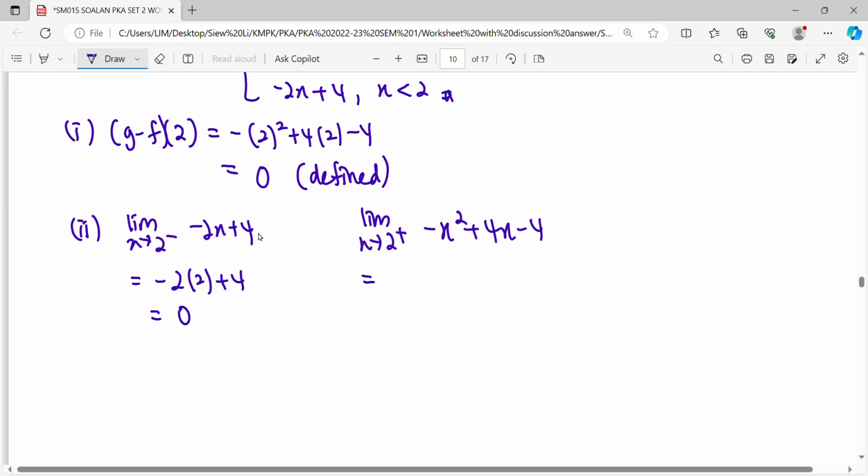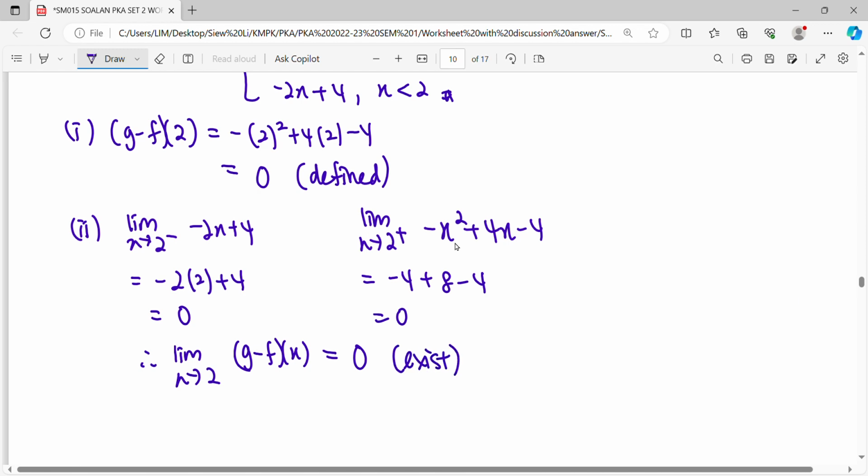For this part, when we substitute 2, also 0, which means the limit when x approaches 2 for the function g minus f equals 0. So it exists because the left hand side of the function equals the right hand side of the function.